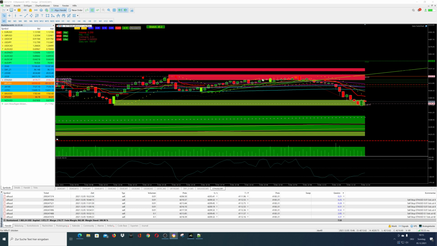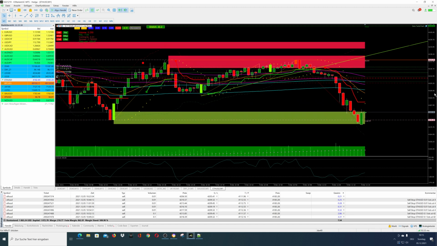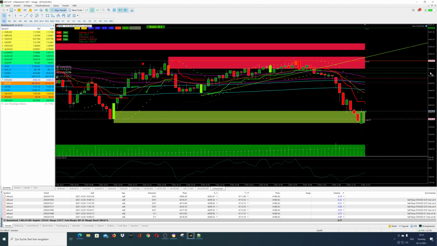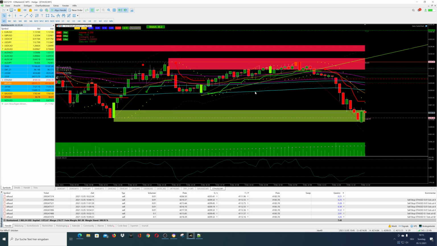First of all, I have Trendlines. The indicator is called automatic Trendlines, and you can see this uptrend, and there is a downtrend too, but this downtrend is horizontal, it's here.